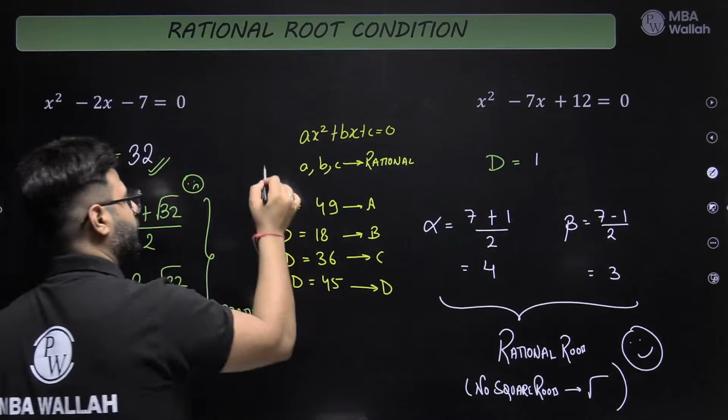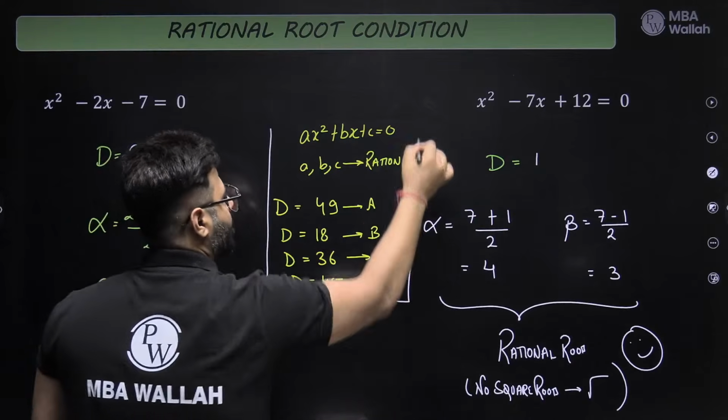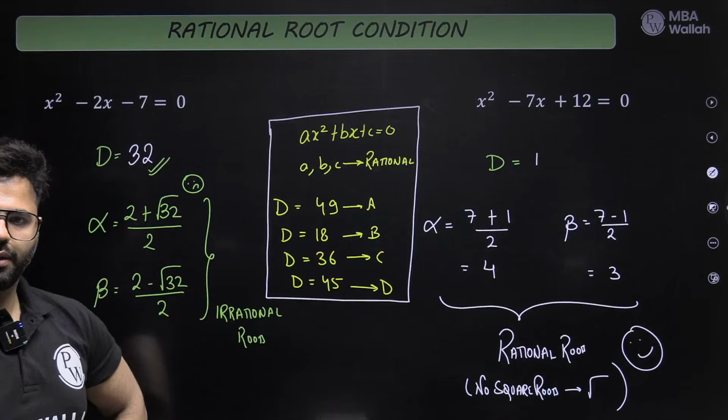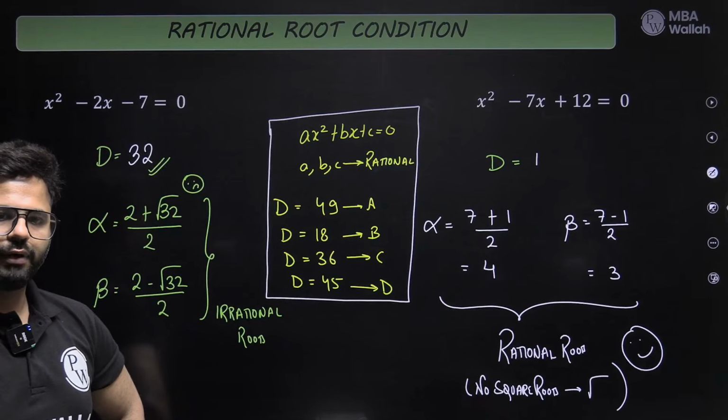Can you tell me that? Huh? Can you tell me where I get rational and where I get irrational root?